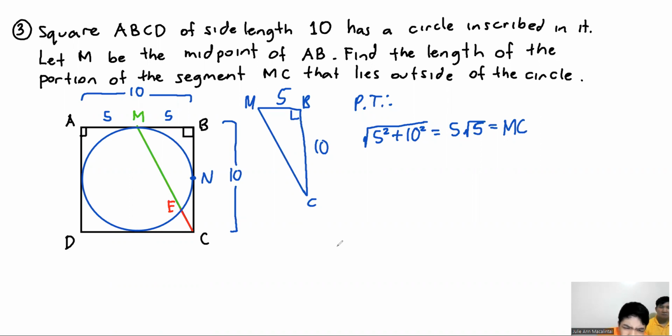I'm not defining this N as the point of tangency, another point of tangency between the circle and the square. It's just the midpoint, so we can accurately define these as 5 and 5.